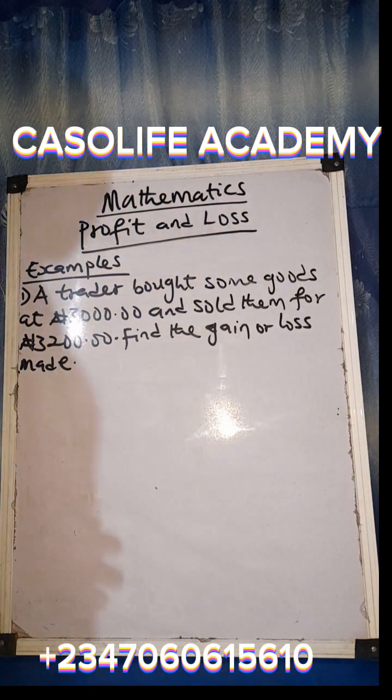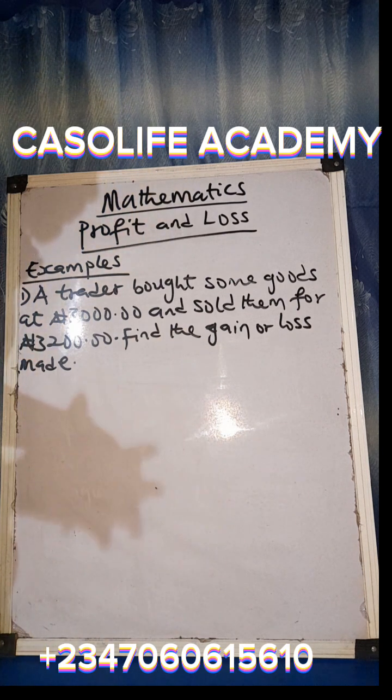How can we find the gain or loss made? First of all, we know that when selling price is greater than the cost price. When we say cost price, what do I mean? Cost price is the actual amount of money that the businessman or woman bought the goods.